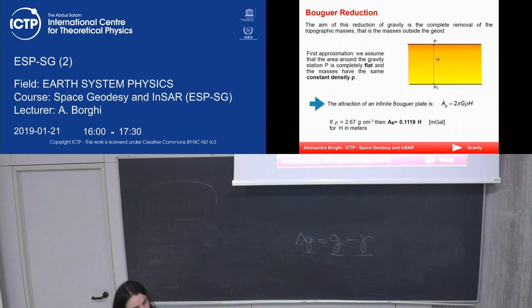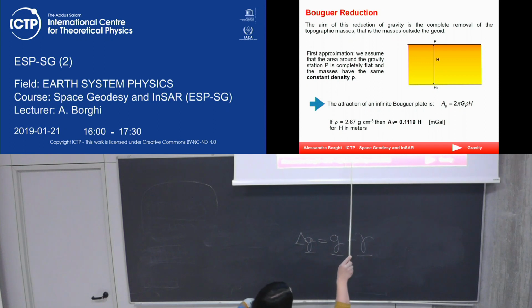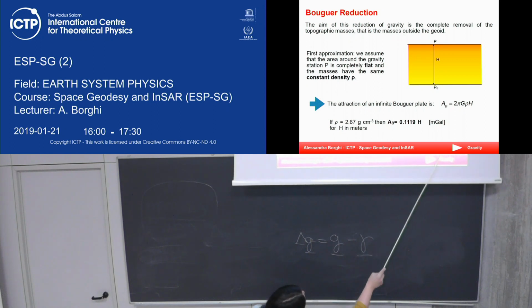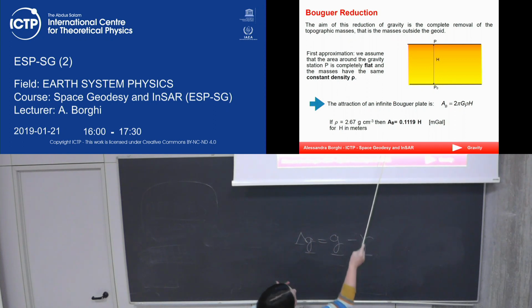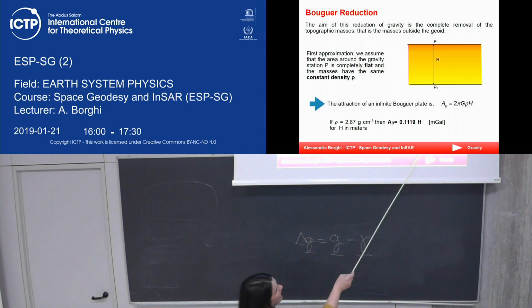So the simple thing to do is to use a Bouguer plate. We remove the effect of this infinite plate in terms of gravity. So we have a measure at the point P. We can reduce for this, that is the attraction of an infinite Bouguer plate with height equal to the height of the point P. This is a very simple formula, and you can see that it depends on the density.